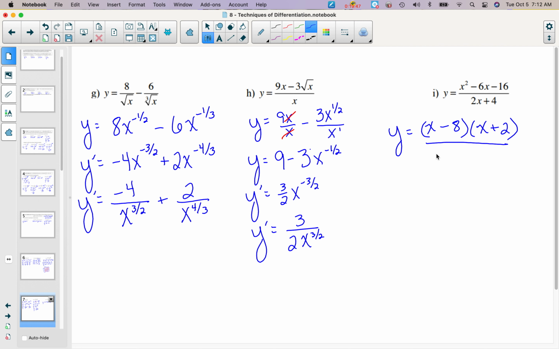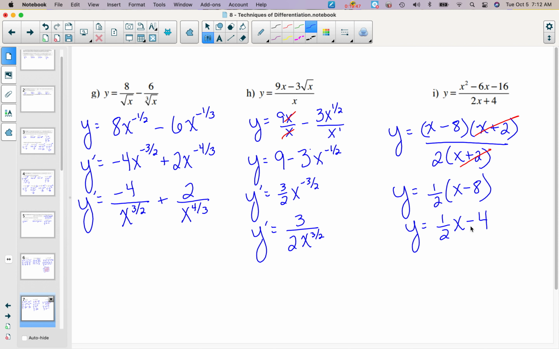And here I can factor out a 2. So that conveniently cancels. So now I'm going to write this as 1/2 x minus 8, or I may as well just write 1/2 x minus 4.